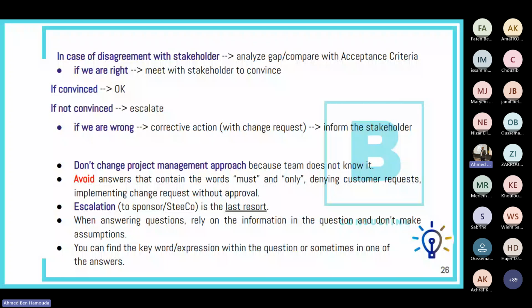But the right answer was to bring this to the attention of the sponsor and stakeholders so you can discuss it and they can approve the change, because we cannot just go ahead and implement the change without the approval. Remember that escalation to the sponsor or to the steering board is really the last resort.